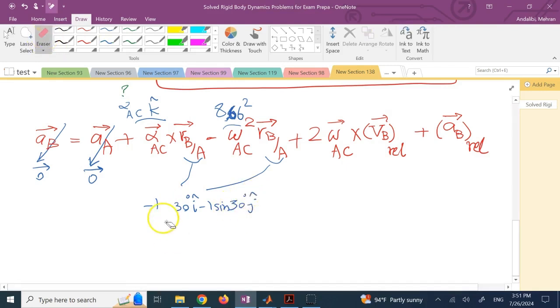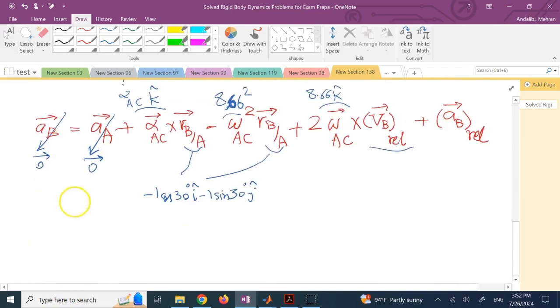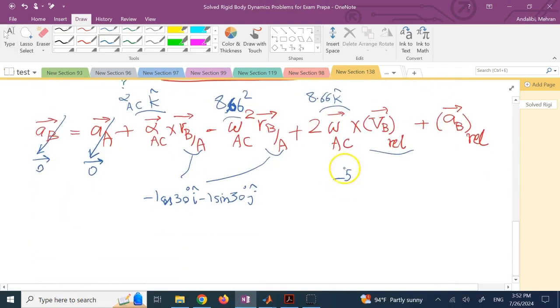Right? So omega AC is just that vector times the k direction, so it is just 8.66 in the k direction. VB relative is this number times that unit vector, so it is -5 times cosine 30 i plus sine 30 j.